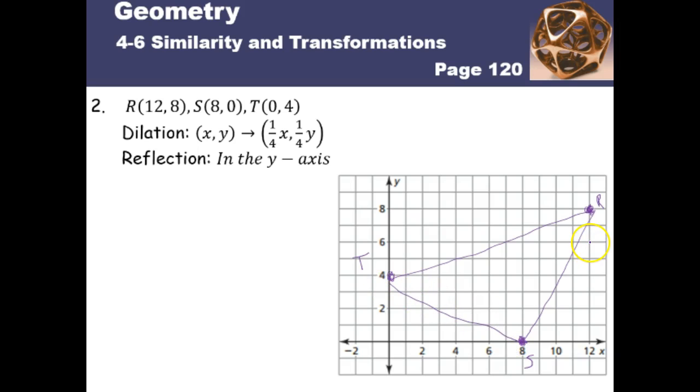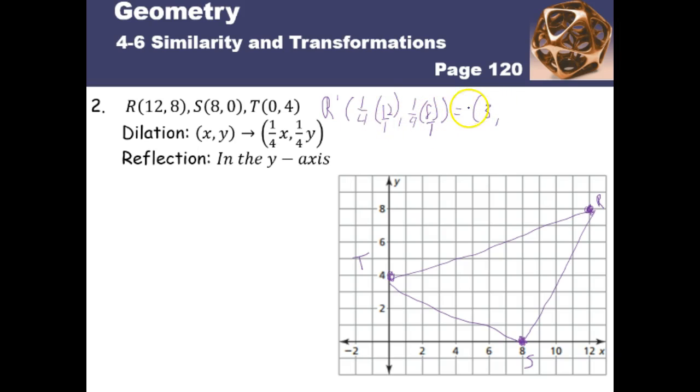Okay, so it's a triangle, and the first thing we have to do is the dilation. So I'm just not going to write R, S, and T down. They're already right there. But R prime is going to be 1/4 of 12 and 1/4 of 8. So 1/4 of 12 is 12 over 4, which is 3.